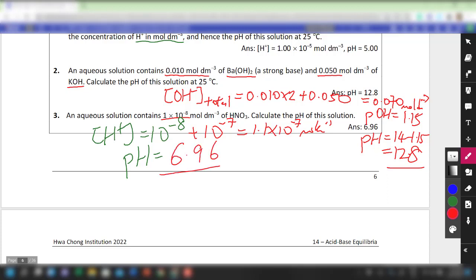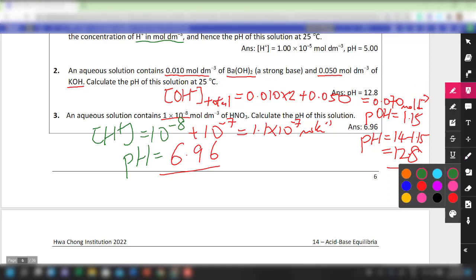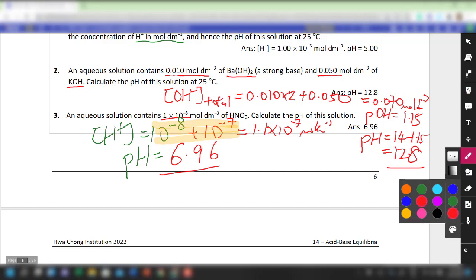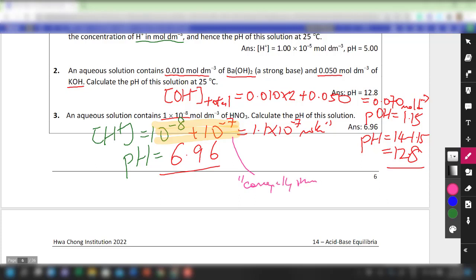At this stage, if you are sharp enough, you might recognize that a simple addition like this is actually conceptually incorrect, but it is a good proxy. Why is it conceptually incorrect?